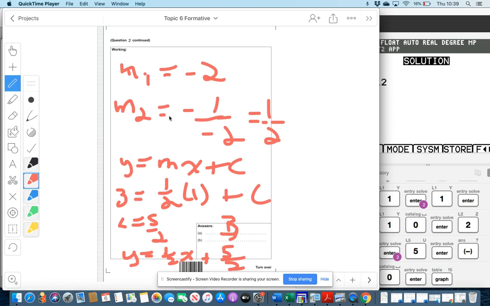I think I got to multiply everything by 2, and you get 2y equals x plus 5. Rearrange the equation, and your final answer should be x minus 2y plus 5 equals 0.